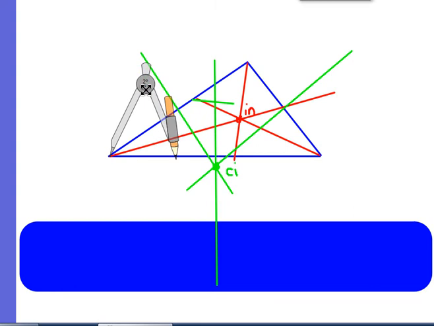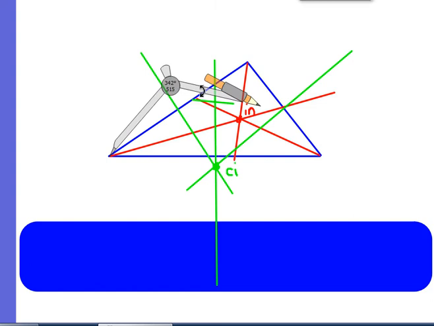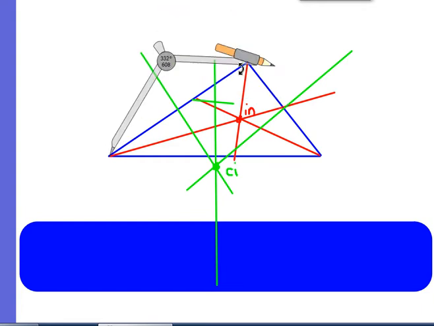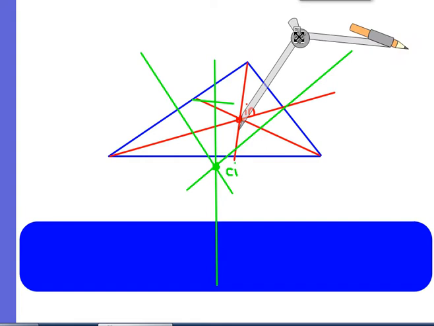If we do altitudes, I go to an angle. And we'll make this a different color. And I go a little bit past the other side. So I'm going to make sure my compass is big enough. And then let's go to this side.